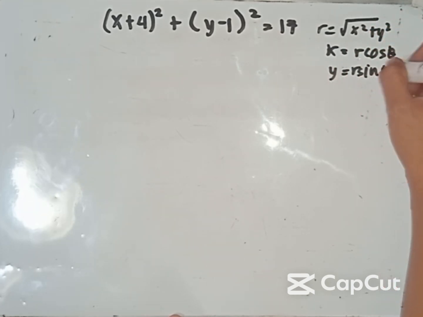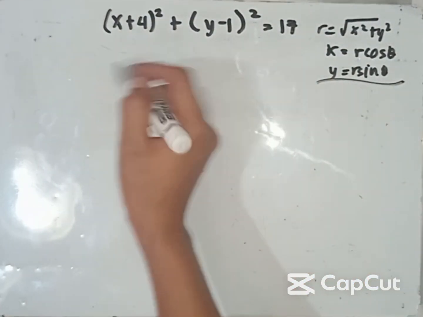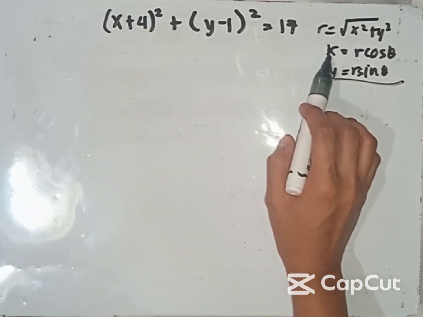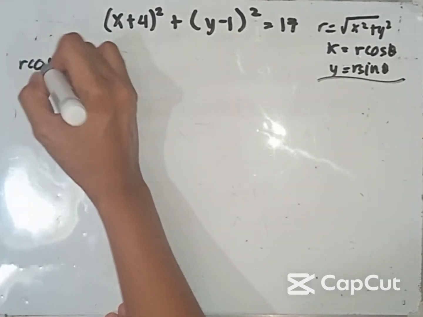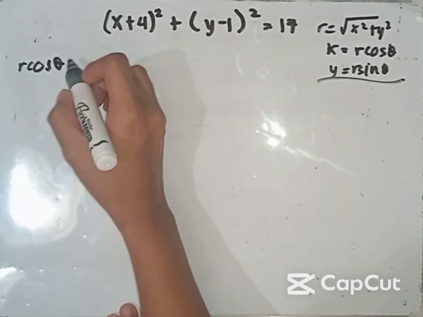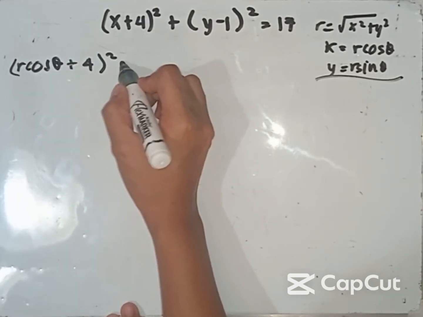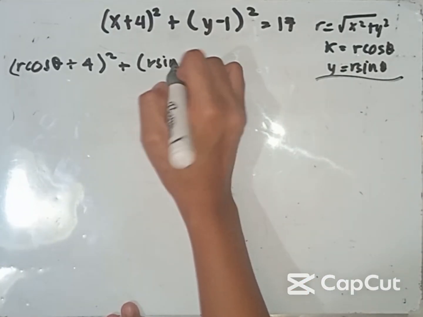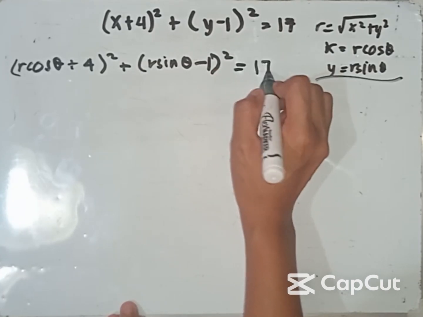We can still use those to convert this equation into polar form. So given this information, we can now substitute and replace x with r cosine theta, so (r cosine theta plus 4) squared plus y replaced as r sine theta, minus 1 squared is equal to 17.